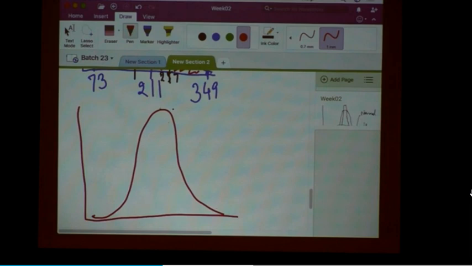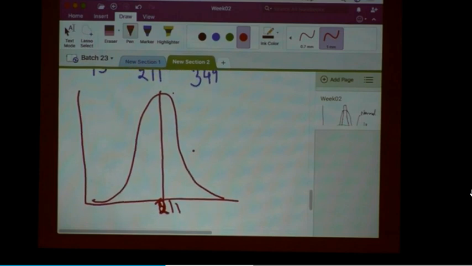So this is 211. Population mean and the sample distribution of means mean will be the same. Now, the standard deviation of this is 9.2, 46 divided by the square root of 25, which is 5. So 9.2 or so. So 3 standard deviations is 27.